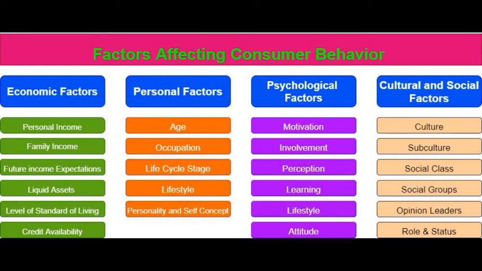So, in this topic, we will be discussing all the different factors that are going to have an impact on the consumer's decision making. Now, broadly, these factors are considered under four headings. First is economic factors, second, personal factors, third, psychological factors, and then cultural and social factors.